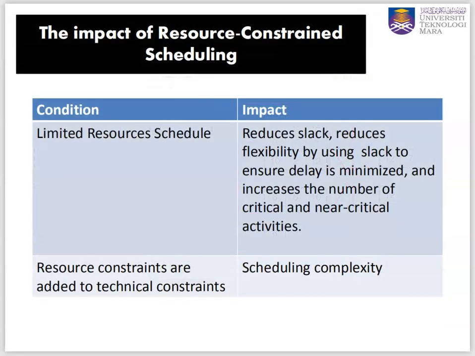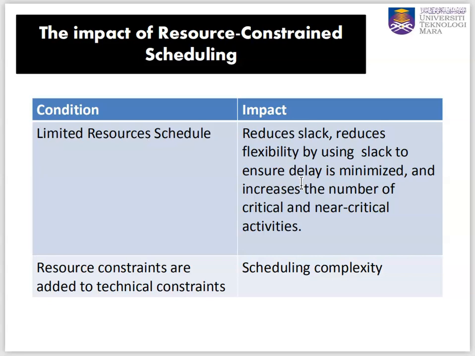So what is the impact of resource constraint schedule? The impact of resource constraint schedules are as laid down here. We reduce the slack, reduce the flexibility by using the original slack. It increases the number of critical and near critical activities.